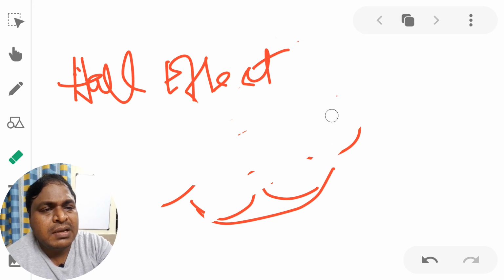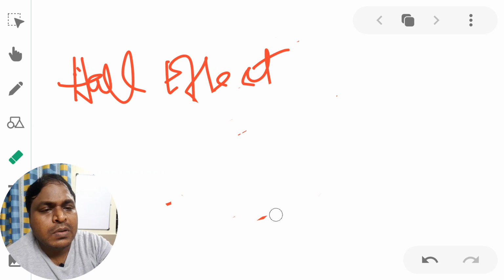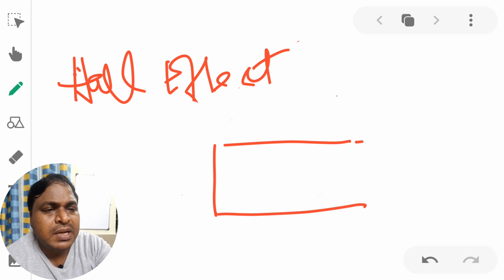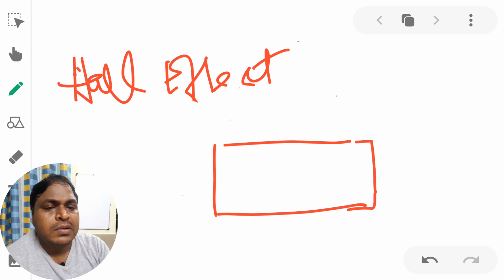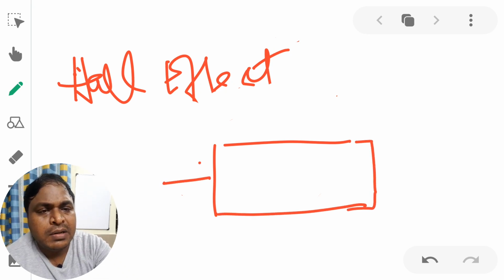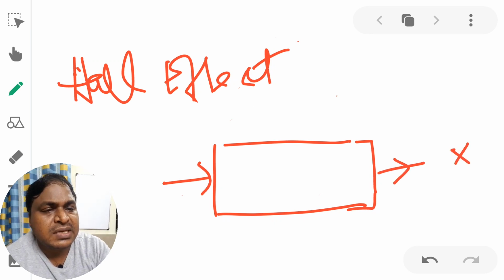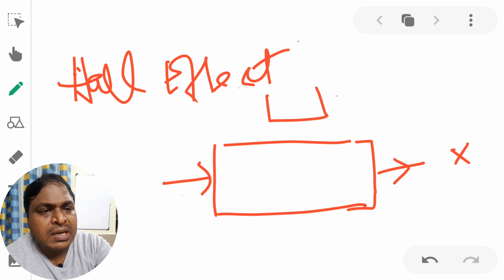So let's say an N-type semiconductor where current is passed in this direction, let's say X direction, right? So let's say a magnetic field is given in Y direction.